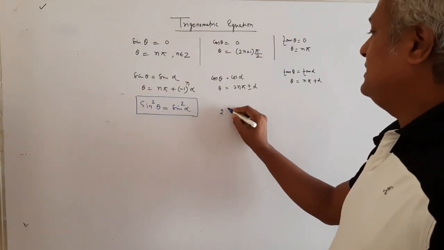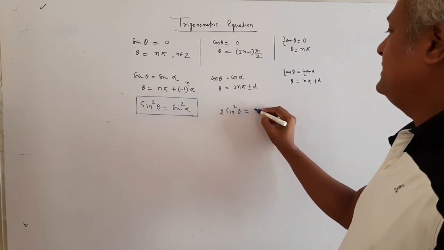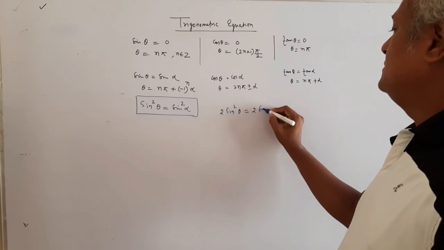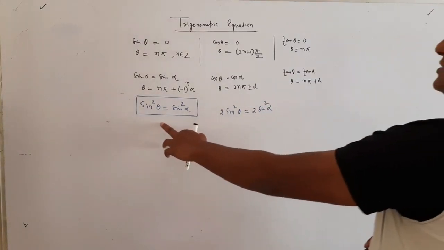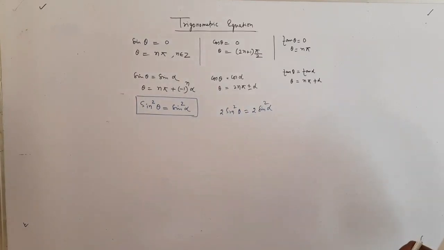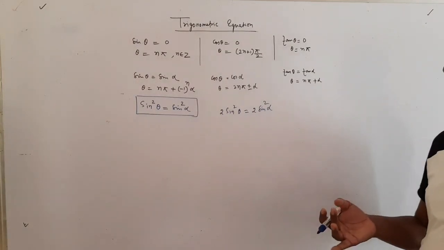So first I multiply 2 on both sides. 2 sin square theta is 2 sin square alpha. Multiplying 2 on both sides of the equation, the equality will remain, so nothing will change.